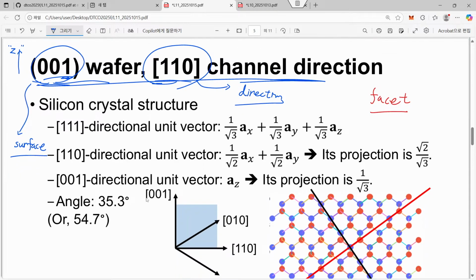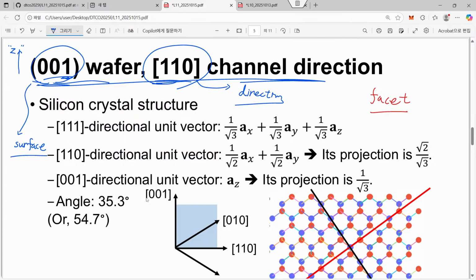The [110] channel direction is the standard one, and through my research career I have seen so many attempts to change directions. Sometimes they try to change the surface, sometimes they rotate their channel direction.